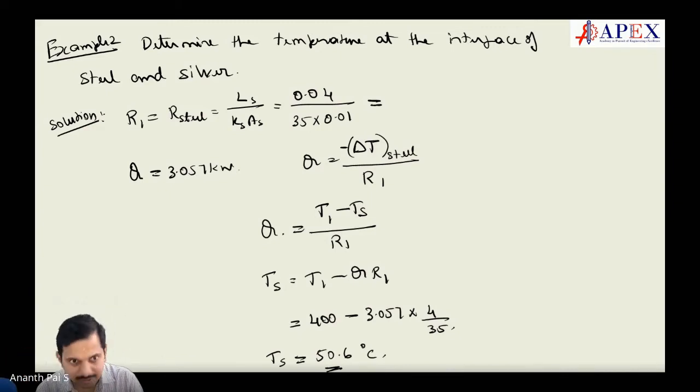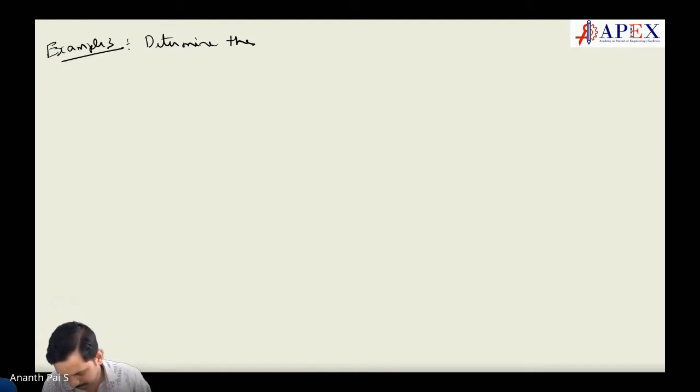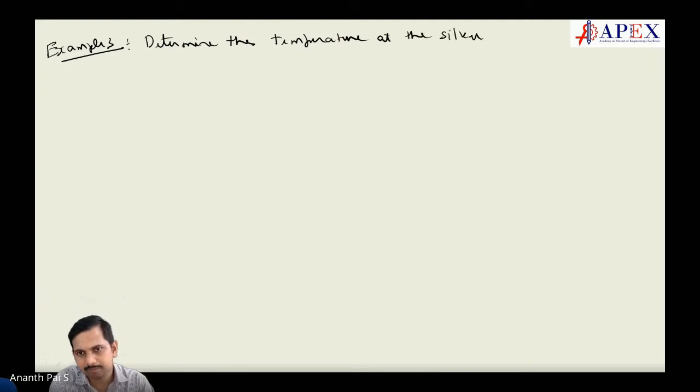Done. Now next, this is example three. Example three: determine the temperature at the silver copper interface in example 1.